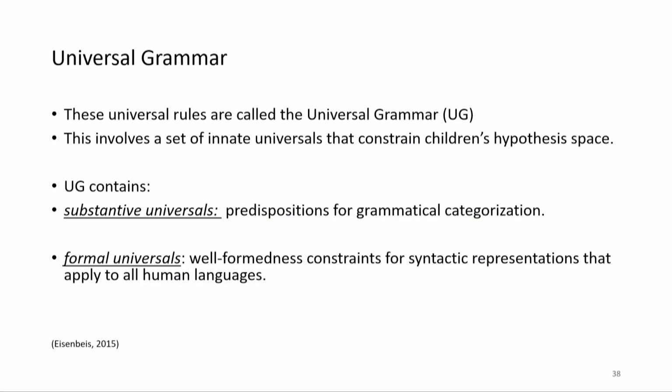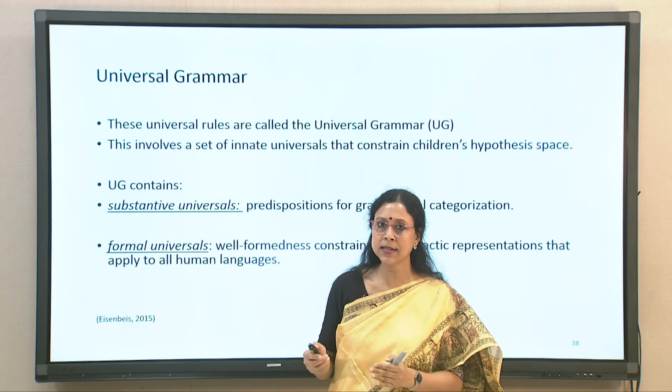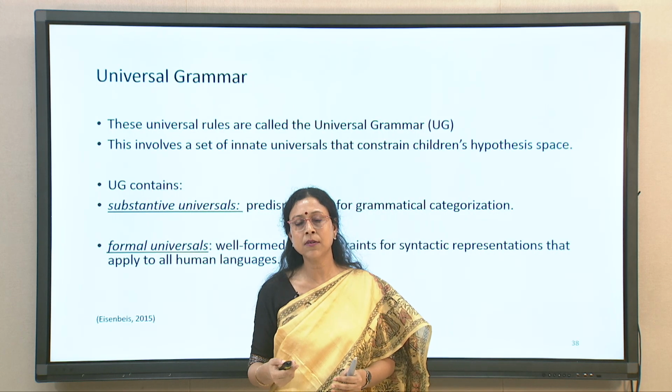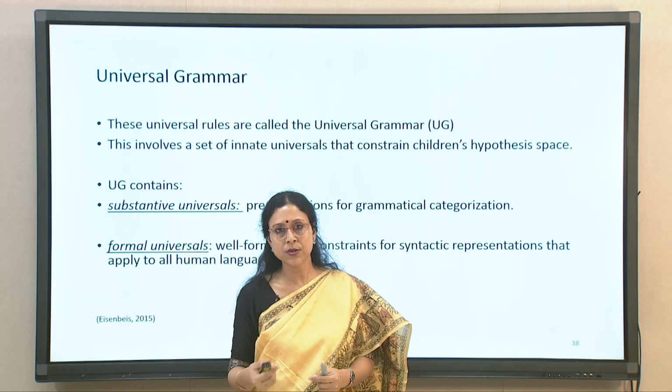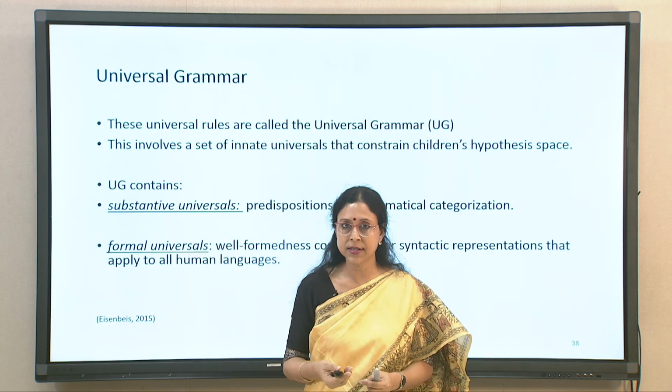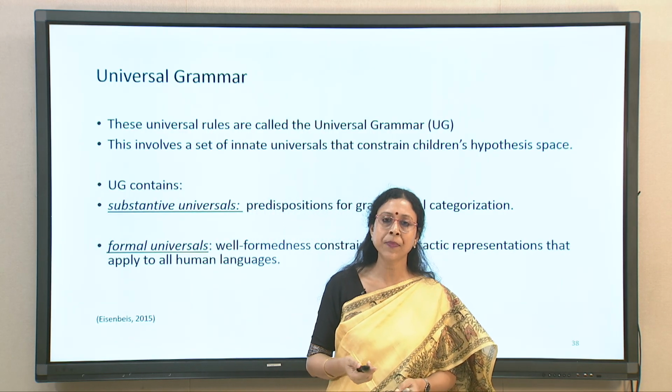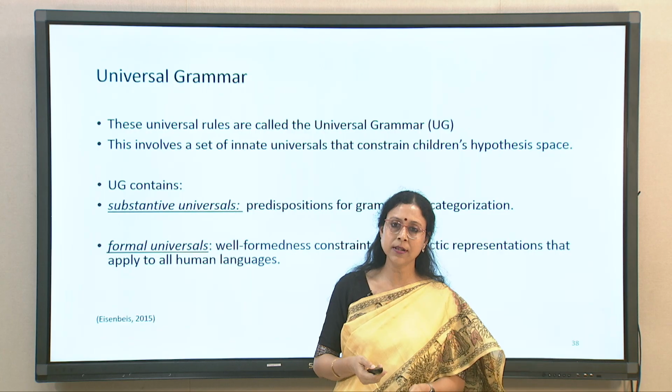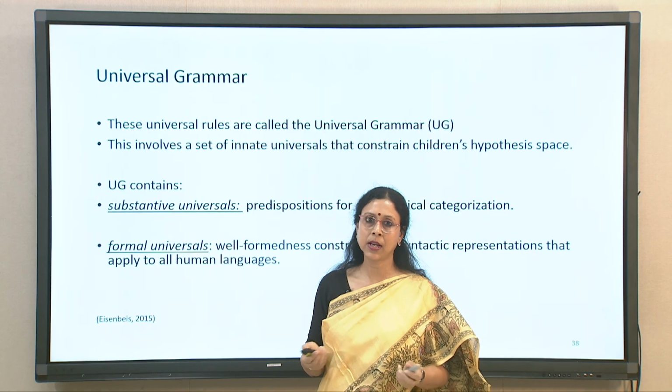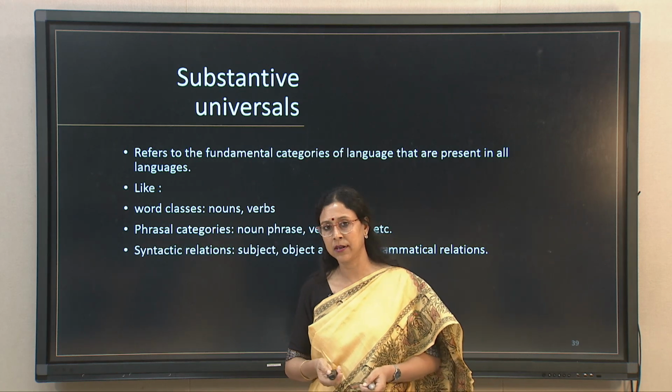So, substantive universal talks about the contents, the categories, and formal universal talks about how those contents combine with each other, what are the rules that apply for forming sentences. Together, these two make up the majority of what we call universal grammar.